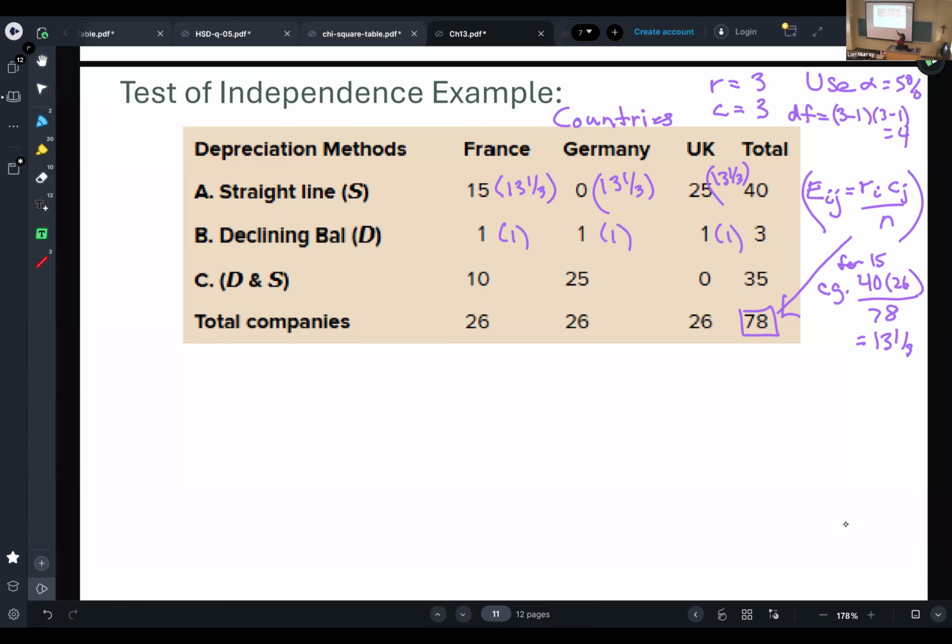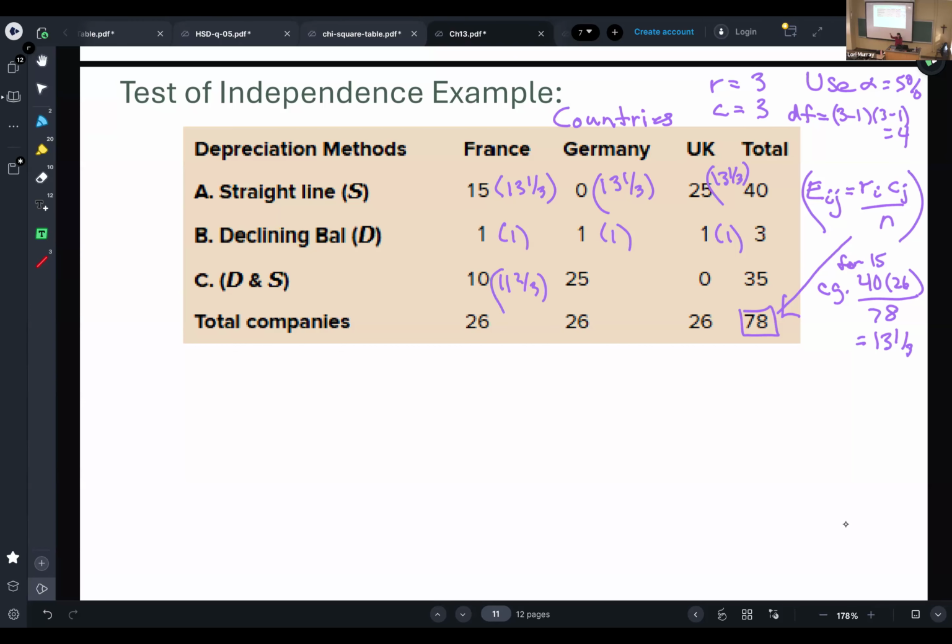That's the combination of the declining balance and the straight line. So that row total is 35 multiplied by the column totals 26 divided by 78. And it's going to be 11 2/3. Or another way to say it is 11.6666 or 6667. I'm just putting 2/3 to save space.